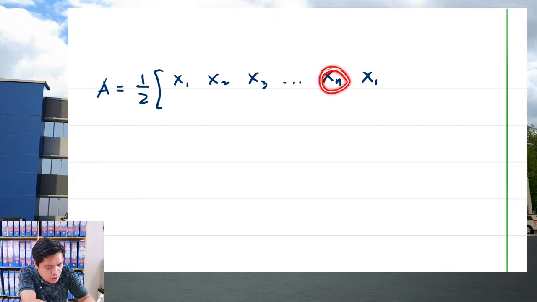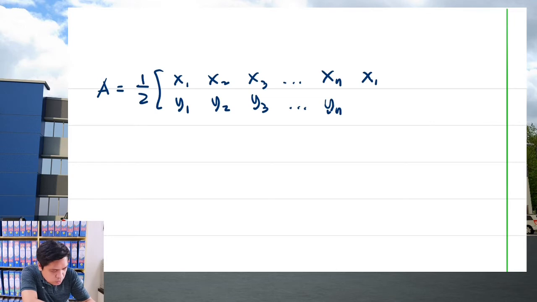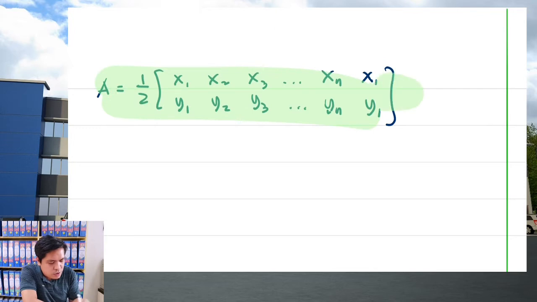X sub n meaning up to nth na vertex. Then, y1, y2, y3 up to kung ilan yung vertex niya. Tapos balik tayo sa y1. So, that's the area. You just apply that to any closed figure na given yung coordinates.